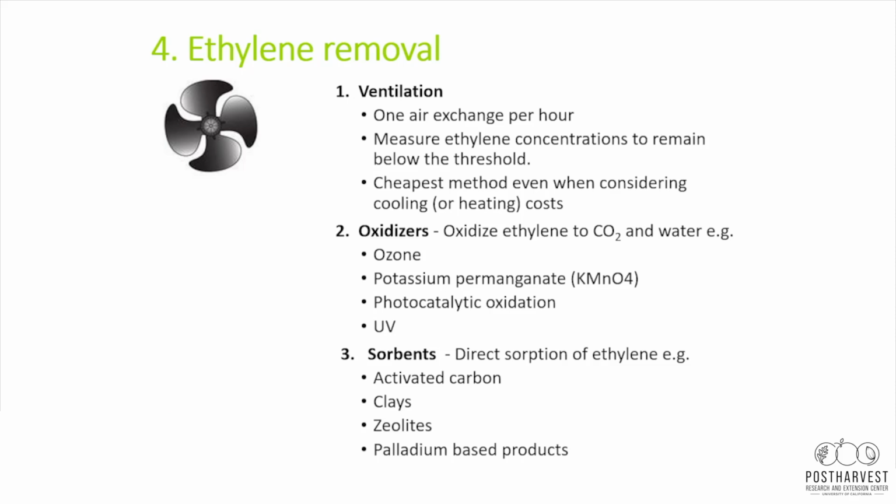There are a number of oxidizers that oxidize ethylene to CO2 and water, and some of these are ozone, potassium permanganate, photocatalytic oxidation, and UV lights. There are also sorbents that sorb the ethylene from the atmosphere, and some of these are activated carbons, clays, zeolites, and palladium-based products.